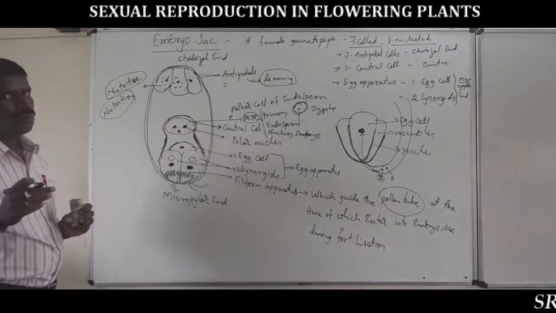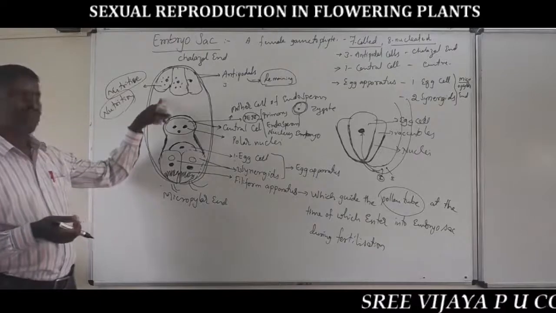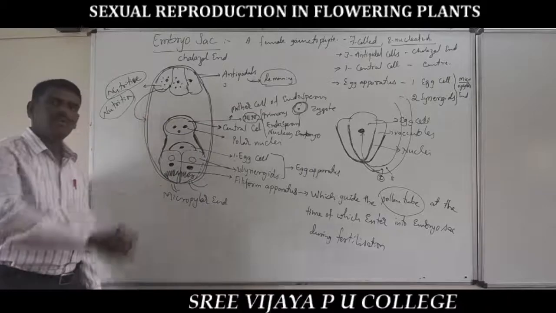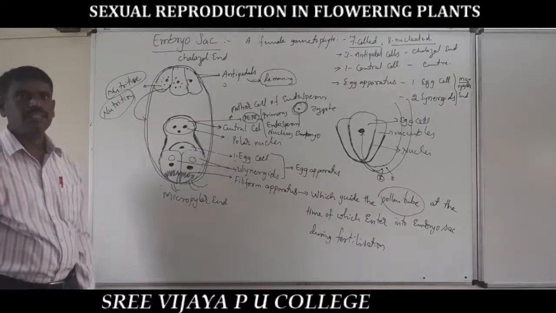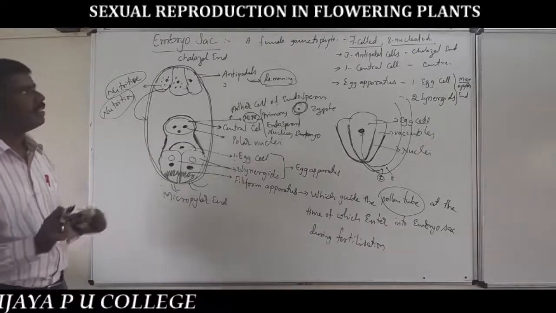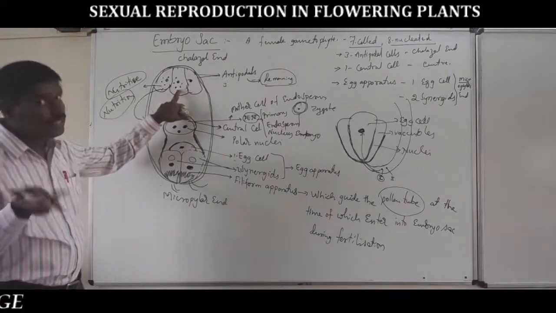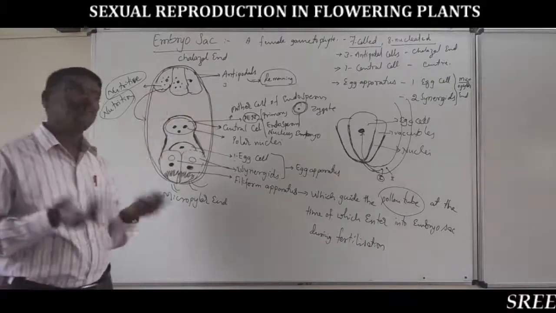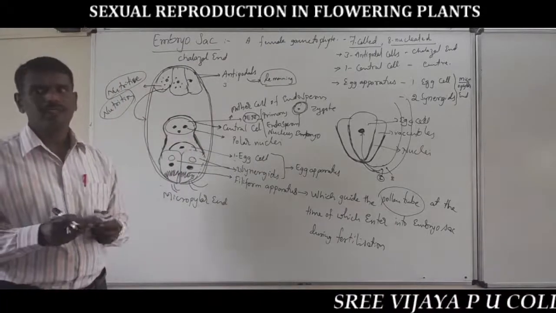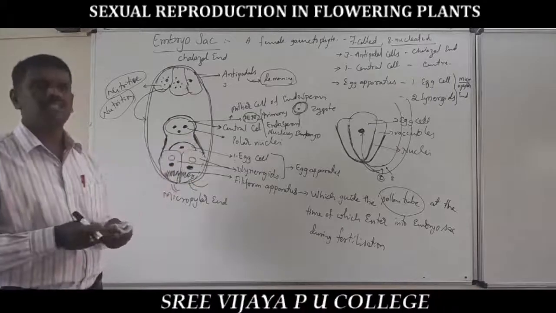So for which cells do they provide nutrition? If the antipodals remain, they are nutritive to the embryo sac. That is, they are the nutritive cells. When the antipodals remain even after fertilization, they take the role of nutritive function. In most angiosperms, they disintegrate and disappear.